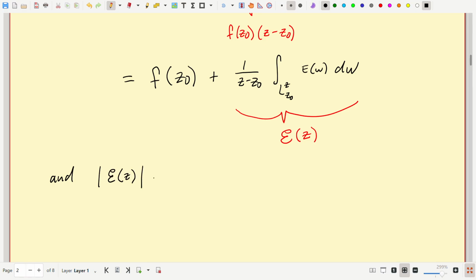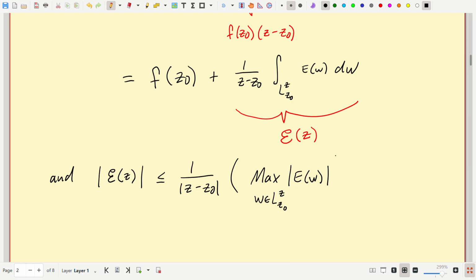Let's see, that's going to be less than or equal to, I'll have a 1 over the modulus of z minus z naught here that just goes along. But then I'm going to use the basic estimate for integrals. That would be the max of the modulus of E of w when w is in the little line segment there, times the length of the little line segment.